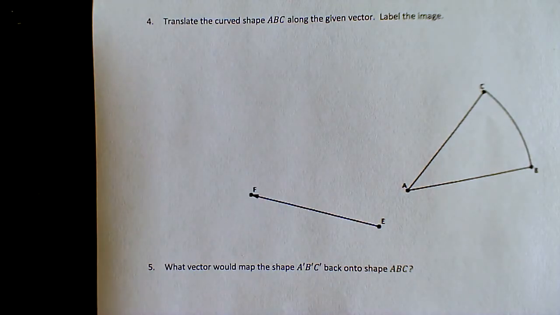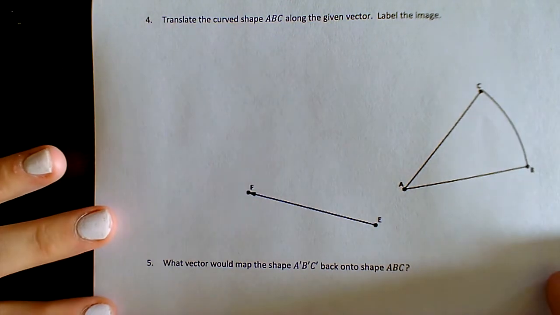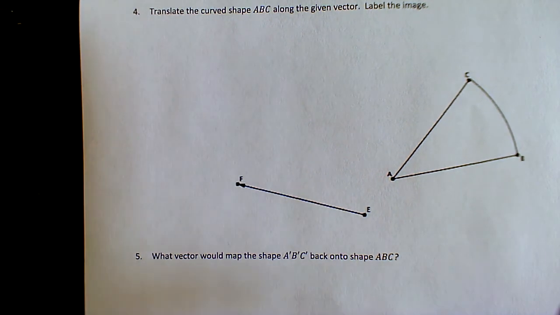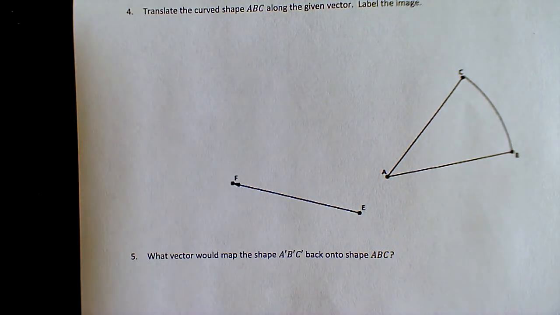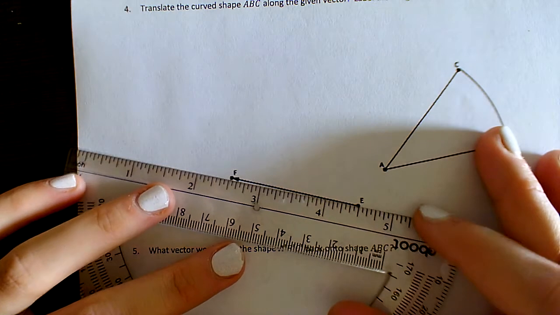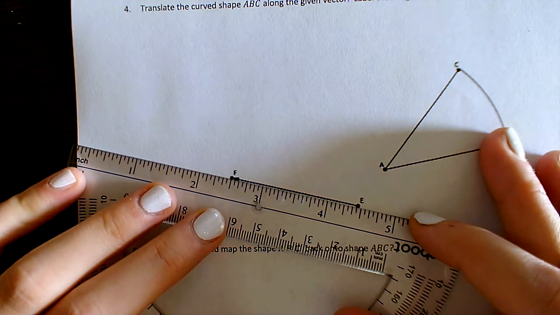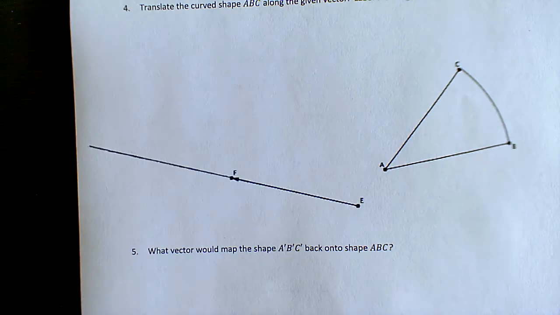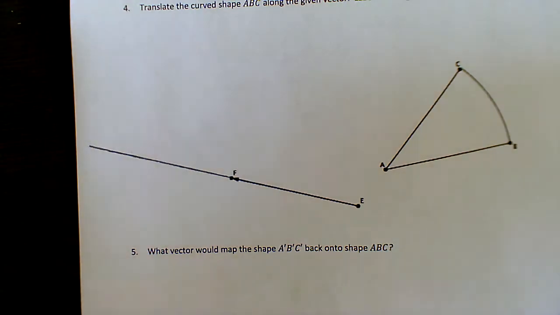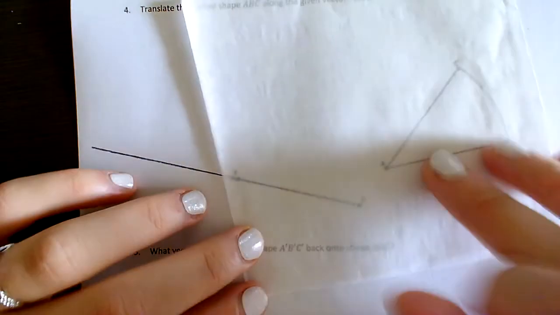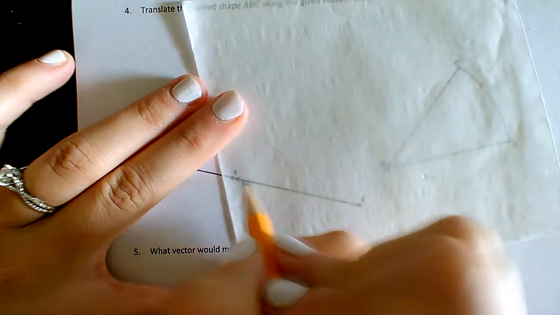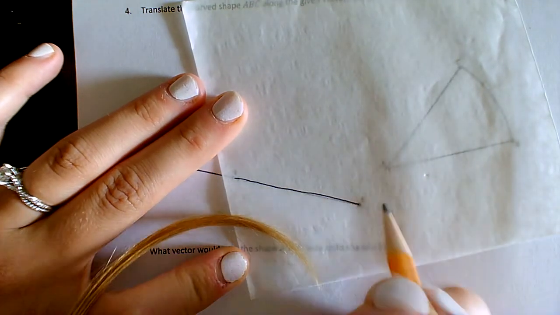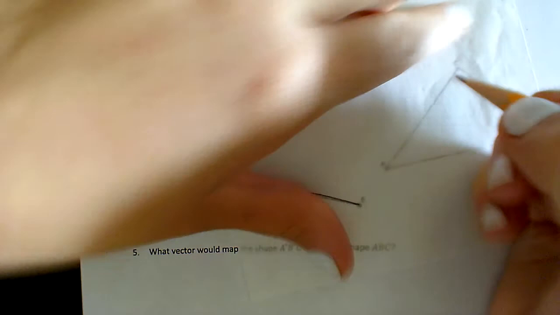Number 4, given the curved shape ABC and the given vector, we're translating this. Step 1 is to extend our vector in the direction that it is pointing. Then we are going to trace our vector and our shape.